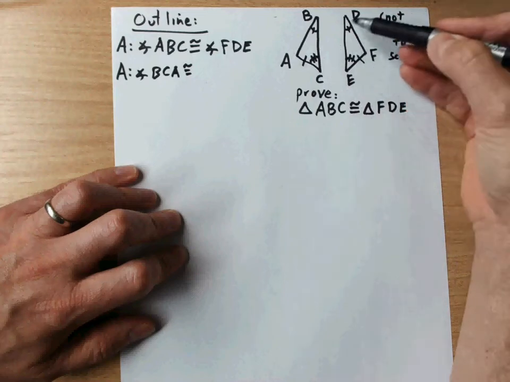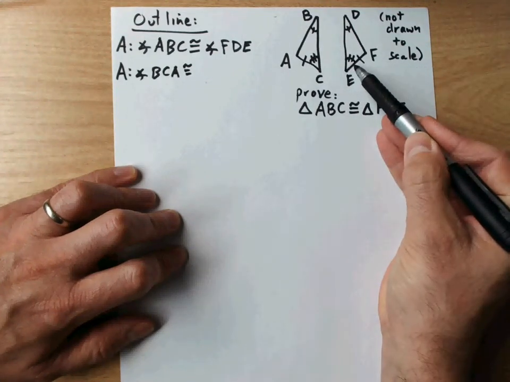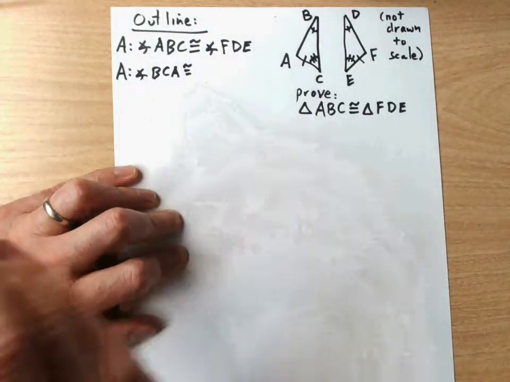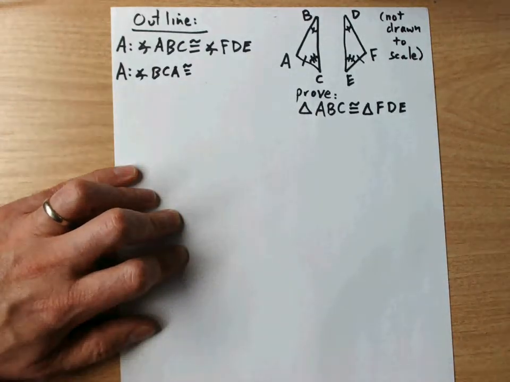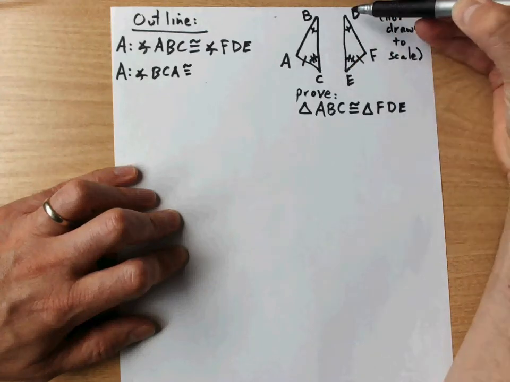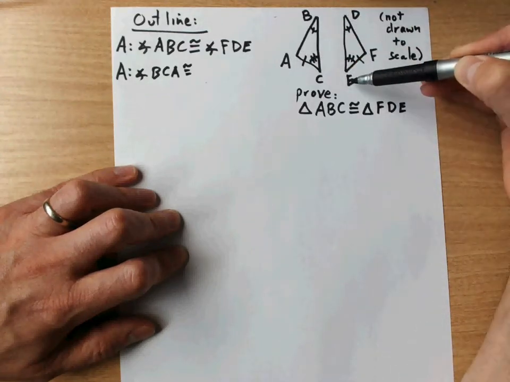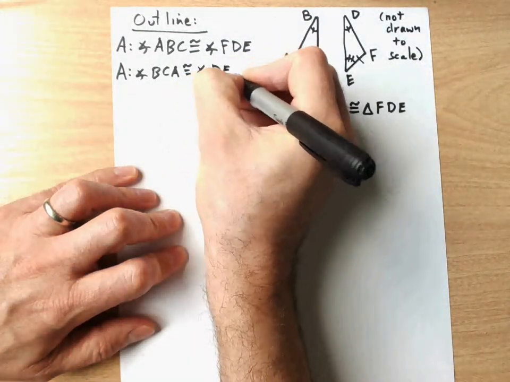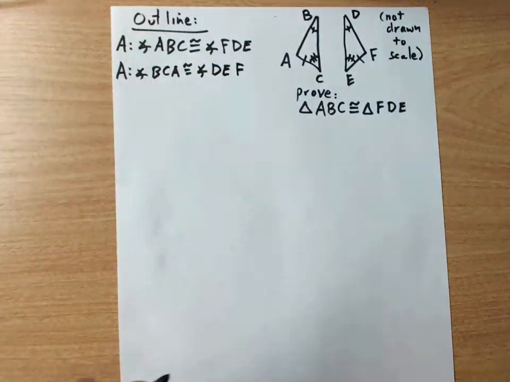See if you can figure out what the name of this angle is in the same corresponding order that would correspond with BCA. Yeah, so BCA corresponds with angle DEF. Angle DEF.